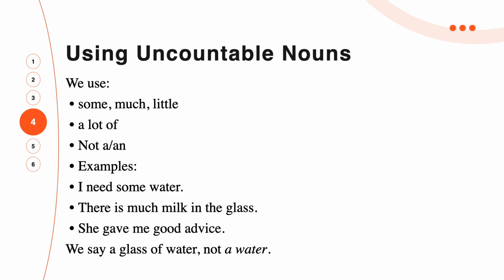So in these examples, it's showing that I need some water. I need some water can also mean that I need water which is in a glass, or I need a glass of water. Another is there is much milk in the glass. It's saying that there is quite a lot of milk in the glass, and it is used with an uncountable noun.